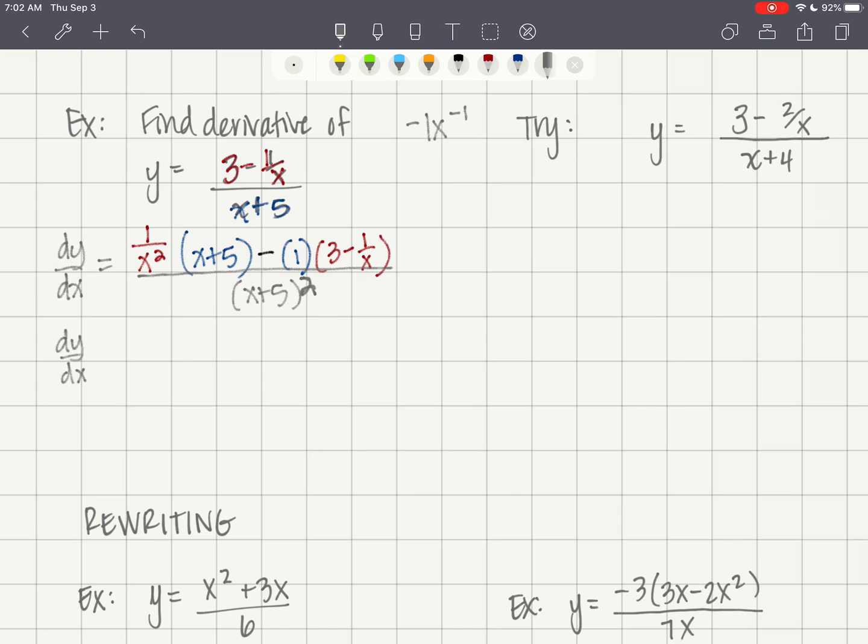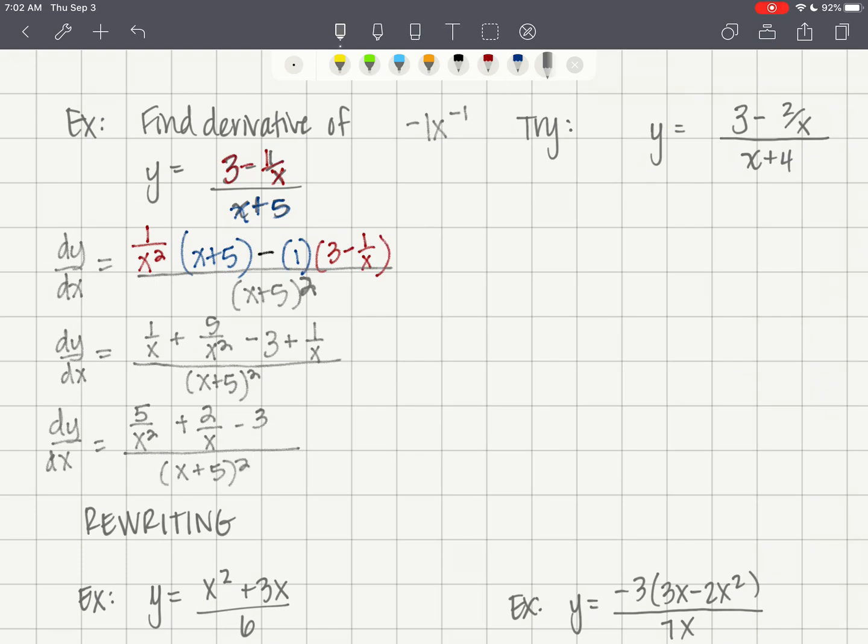So dy/dx is equal to, distributing, 1 over x plus 5 over x squared minus 3 plus 1 over x, all over x plus 5 quantity squared. This is going to take some algebra. I'm going to have 5 over x squared plus 2 over x minus 3, all over x plus 5 quantity squared.